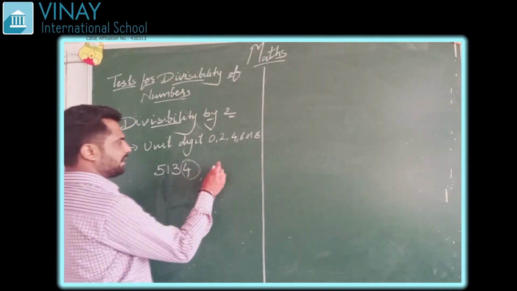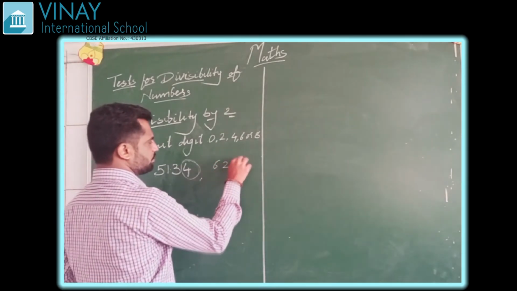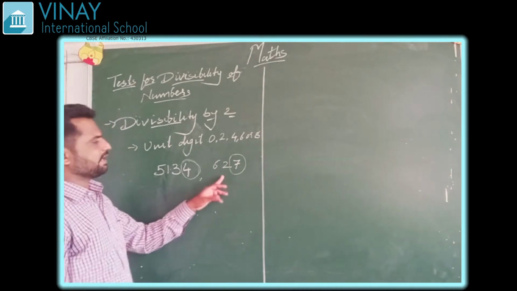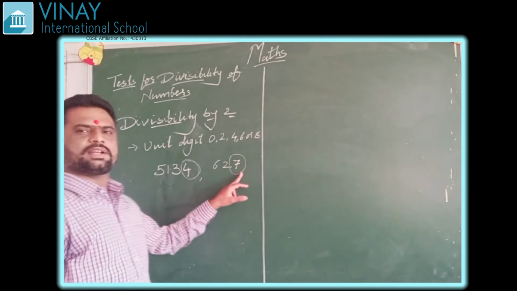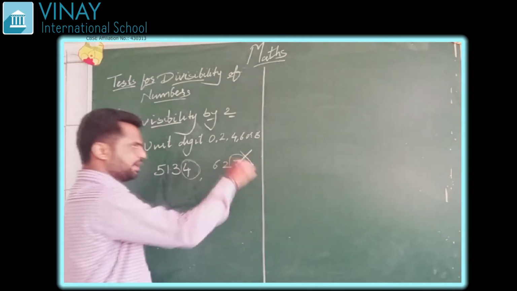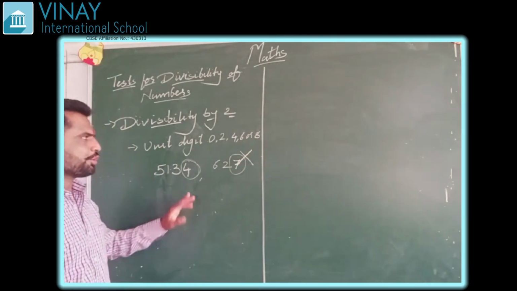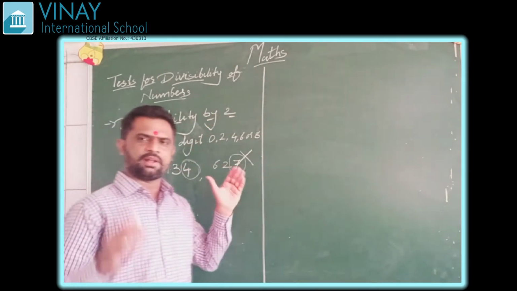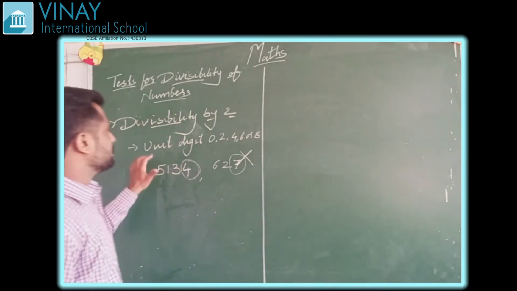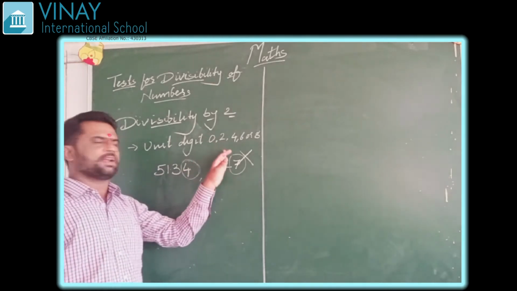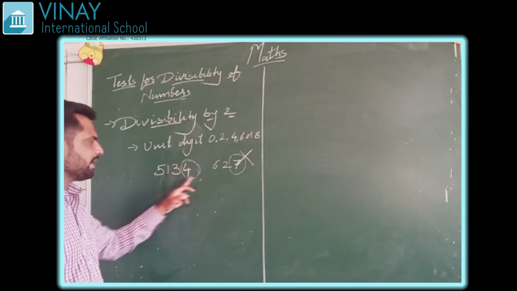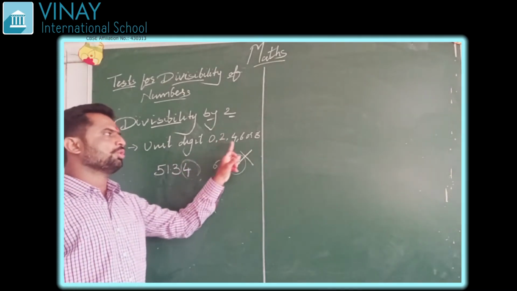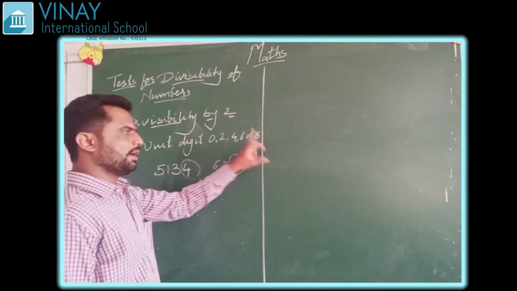If the number is like that, here the last digit is 7, so we can directly say that this number is not divisible by 2. So any number, whether it is big or small, is divisible by 2 if its unit digit, which means last digit, is either 0, 2, 4, 6 or 8.